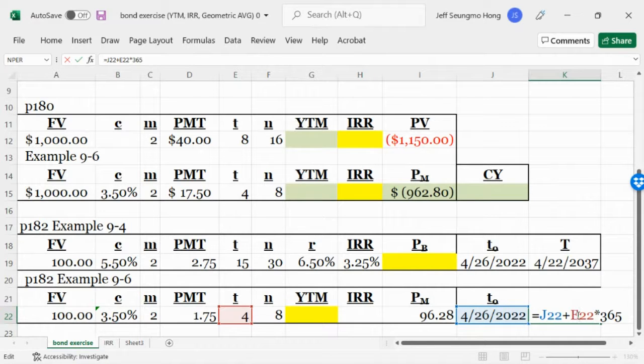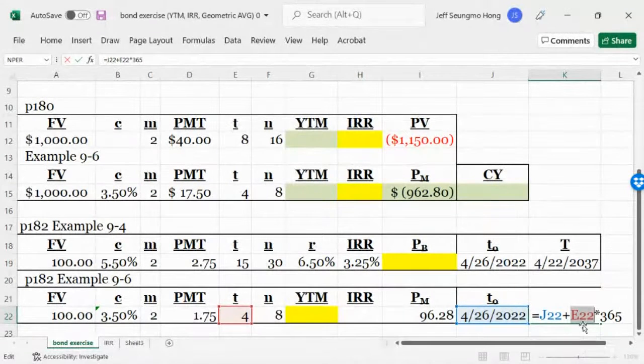Now you cannot just add 4, because the way Excel recognizes calendar dates and time is by days. So this 4 will be recognized as only 4 days by Excel.